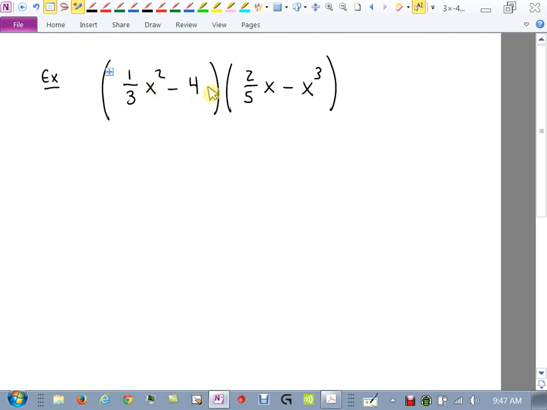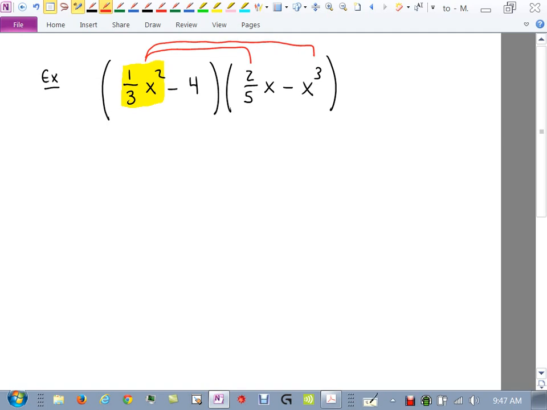Yes, 2 terms here, 2 terms here, multiplication between them, I have binomial, binomial. So the way that I am going to do this is I'm going to start with the first term in the first binomial, and I'm going to distribute that to the other 2 terms, right?